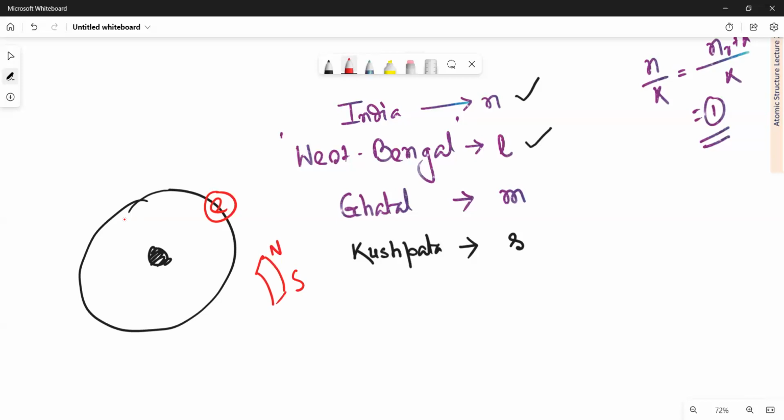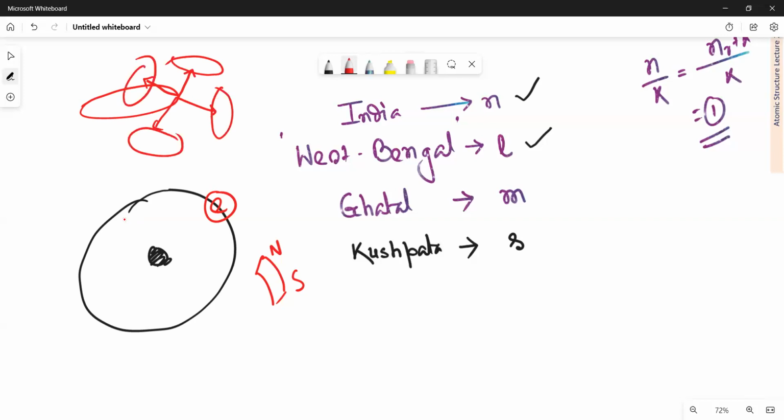So what will it do? Earlier it was in this way. Now it will tell you the direction of this field: it is this direction or this direction or this direction. Along with this, I can make several orbitals. So that is the magnetic orbital.